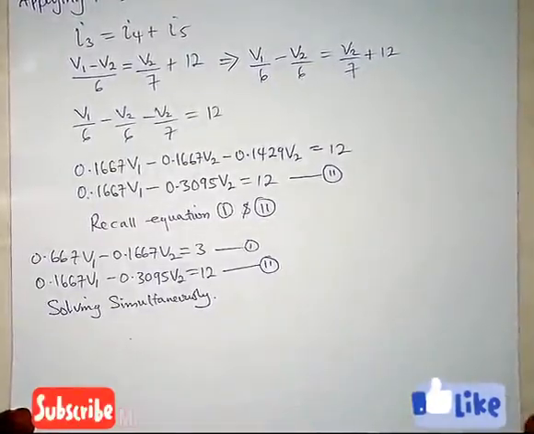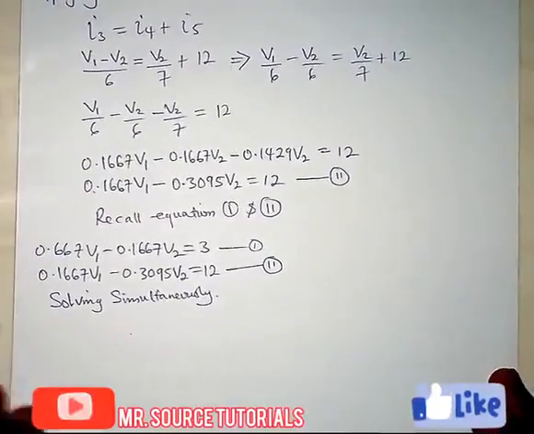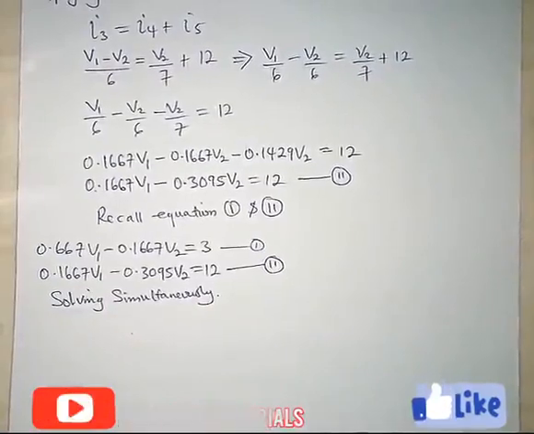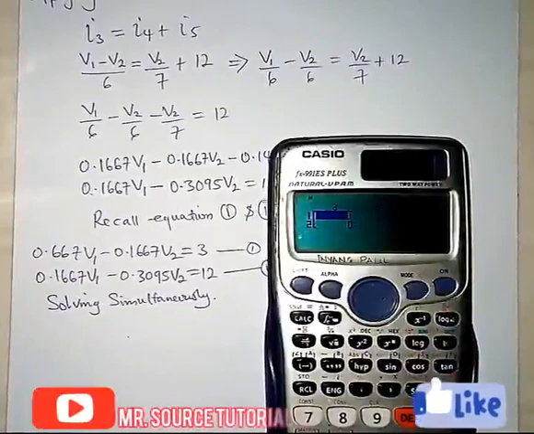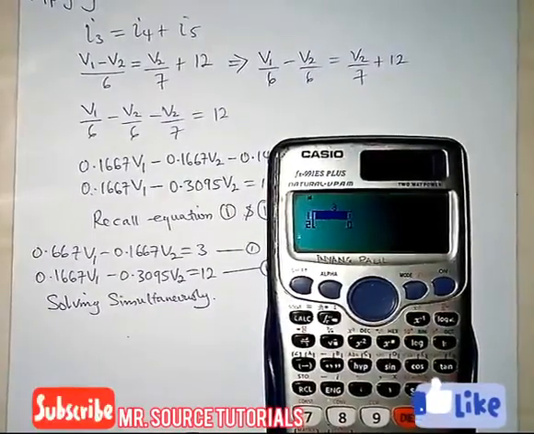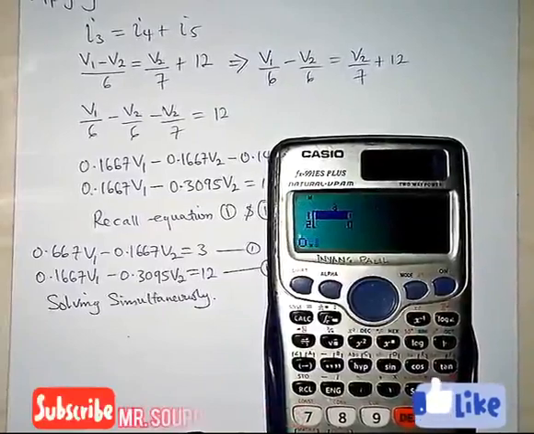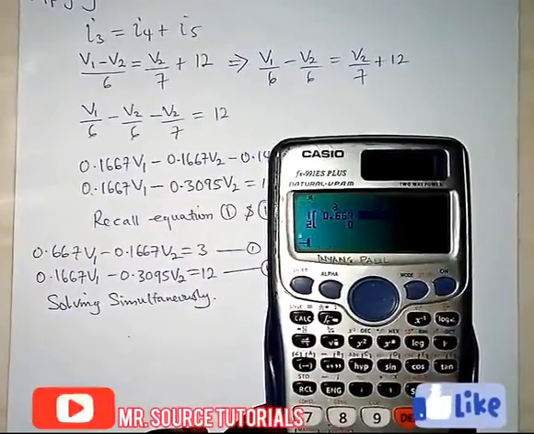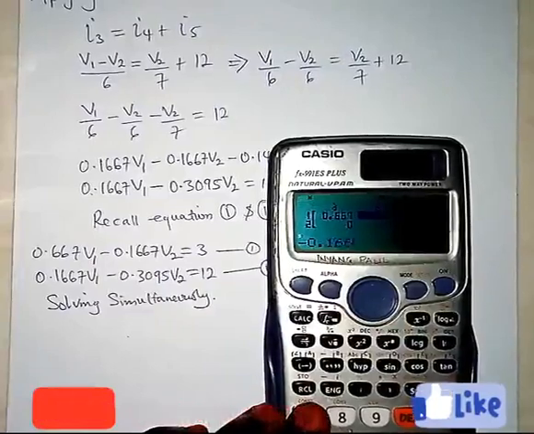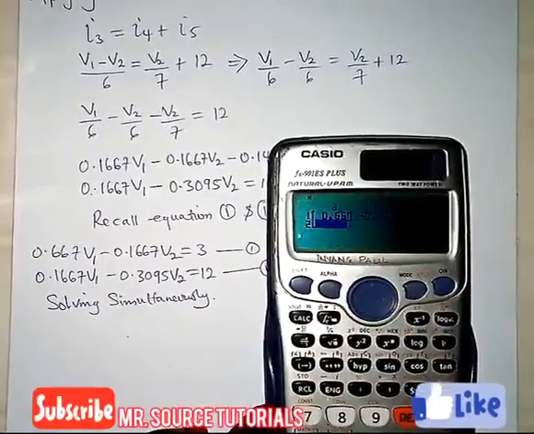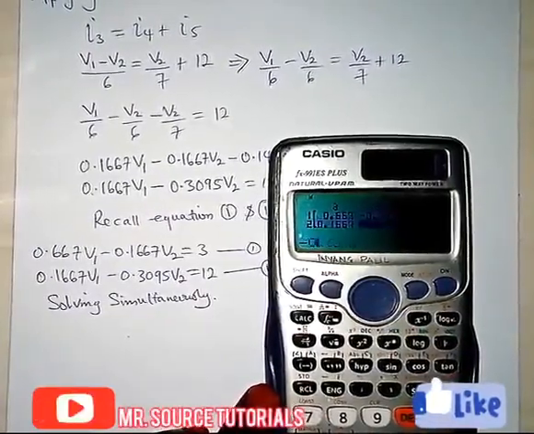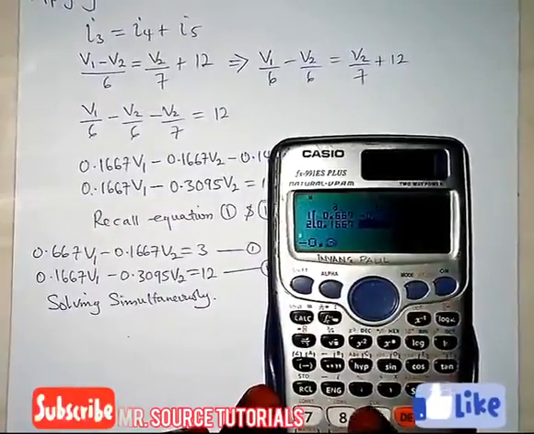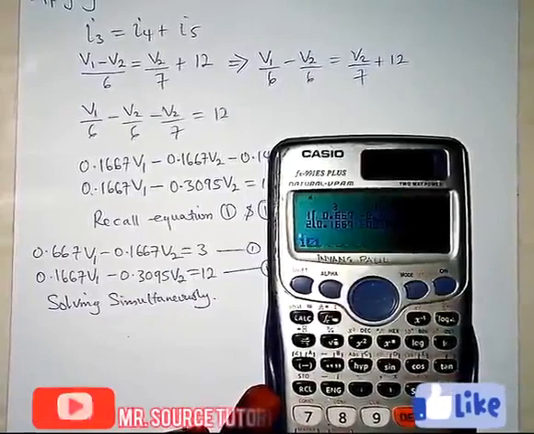you can use any method of simultaneous equation to solve it, but we are going to use the calculator to make life pretty simple for us, which was what we did in one of our videos. So if you don't know how to use the calculator to solve this simple simultaneous equation, review our videos. To solve this with our calculator, to avoid waste of time, put the values here: 0.667, minus 0.1667, equals 3; 0.167, minus 0.3095, equals 12.